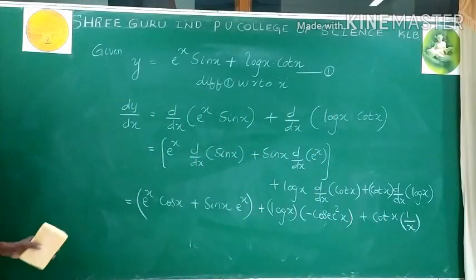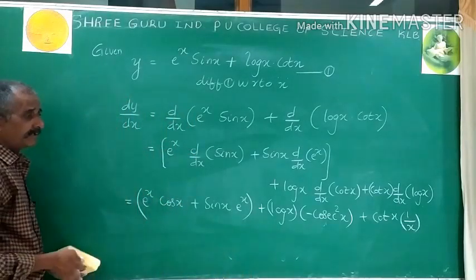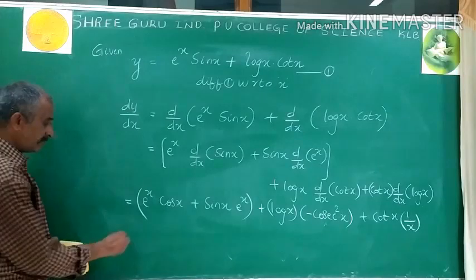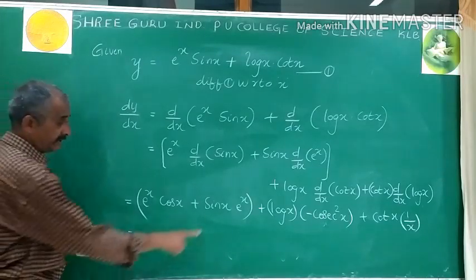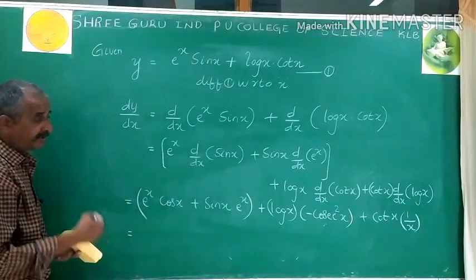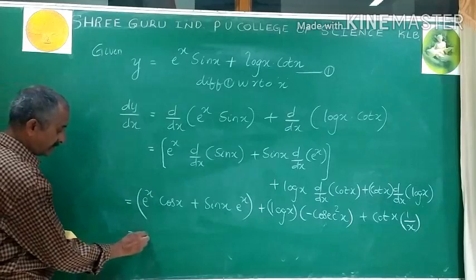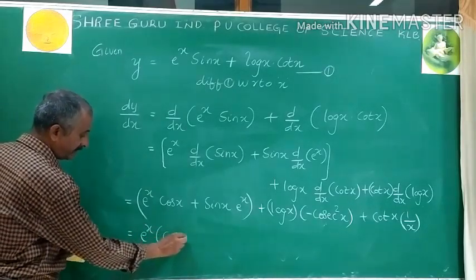And if you want, one small step of simplification can be taken. It is not necessary; you can take it or avoid it. Let's have one step further simplification. In this bracket, in both terms there is a common factor. What is common here? Common is e power x. On taking common e power x, left is cos x plus sin x.